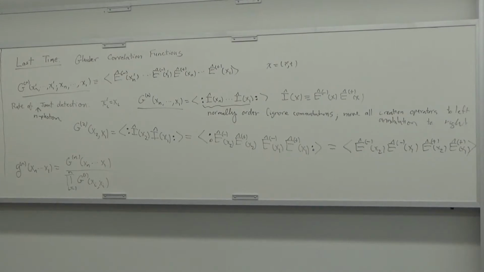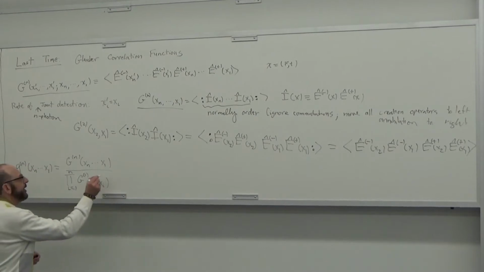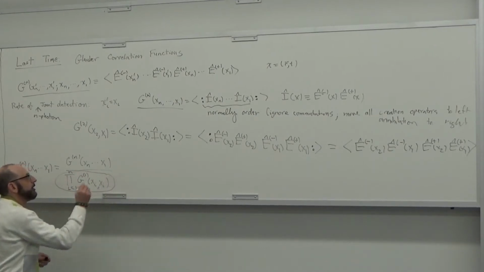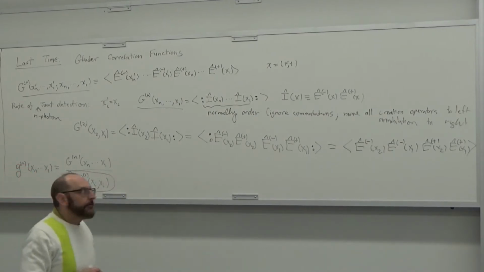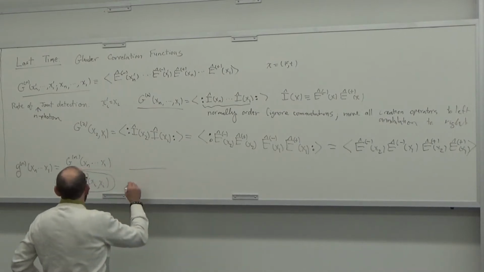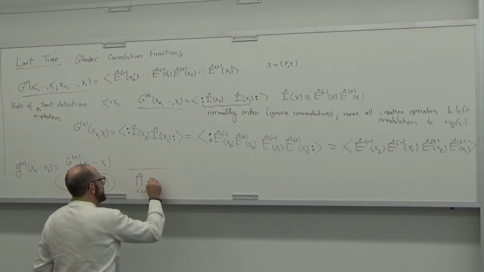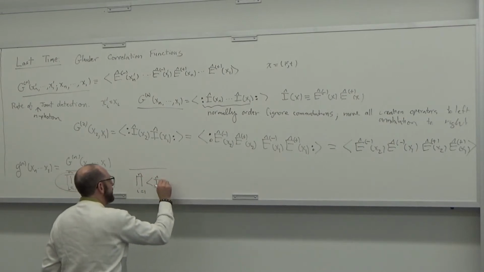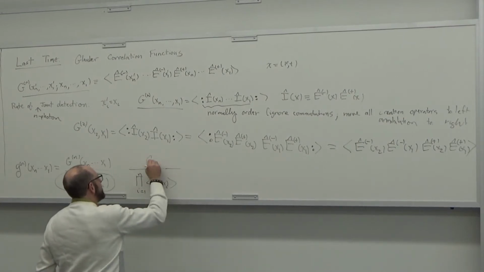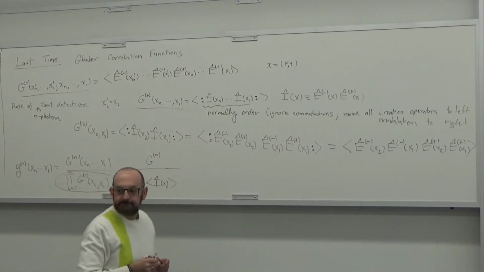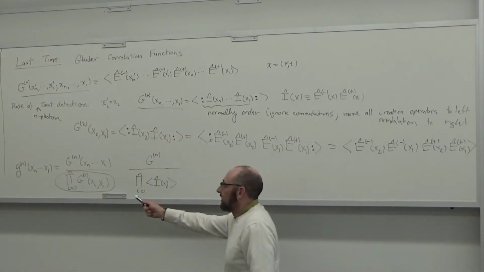Okay. So what does this represent? What does this denominator represent? The denominator is really the product of the average of the intensity operator at each of those space-time points. Right? Because that's what the G1 is.